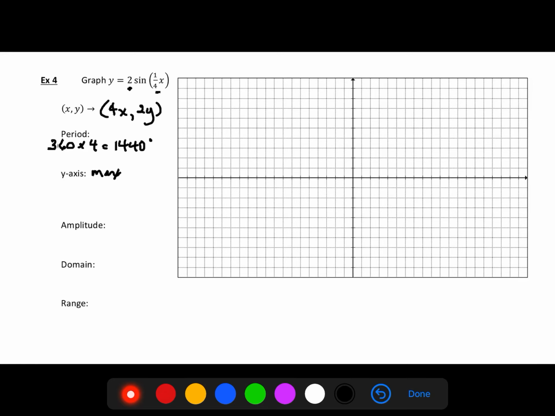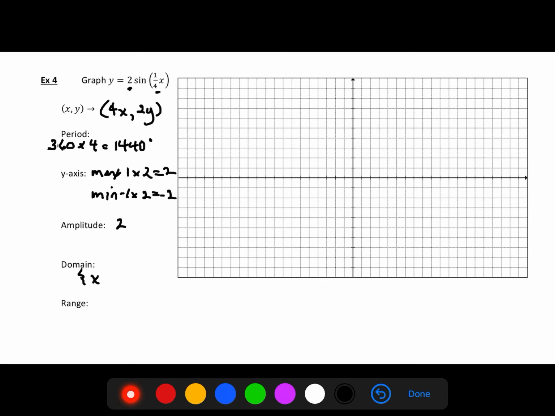Our max is going to be 1 times 2, so 2. Our min is going to be -1 times 2, which gives us -2, stretched by 2. Our amplitude then has to be 2, 1 times 2.